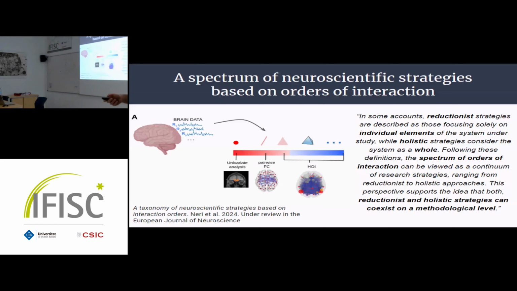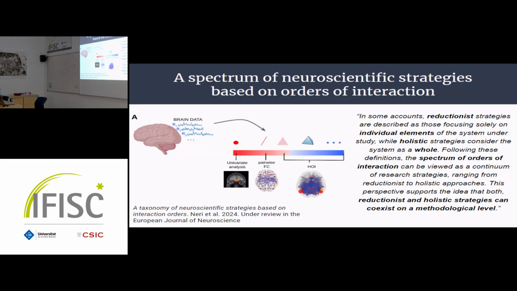So the idea is that we have all this combinatorial space that is huge. We can get lost on that. And the idea is to integrate this in this kind of gradient or spectrum of strategies, where for some conditions, for example, or some research, it will be very interesting to do univariate analysis and to look just at a specific region. Maybe in some others, doing bivariate networks will be enough.